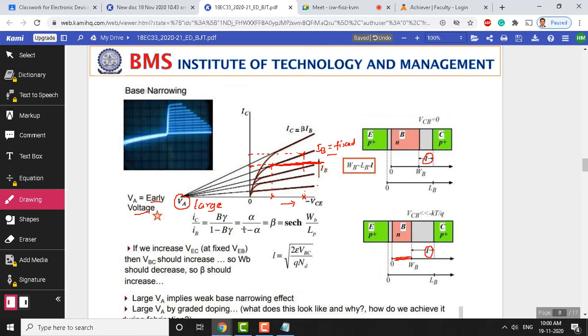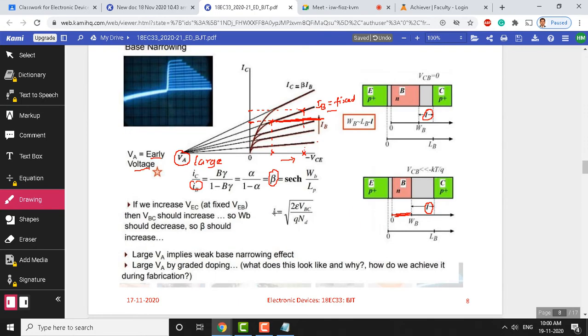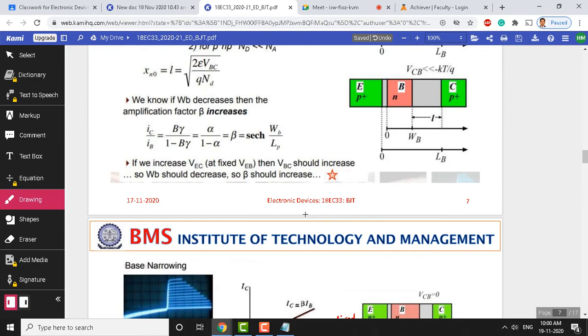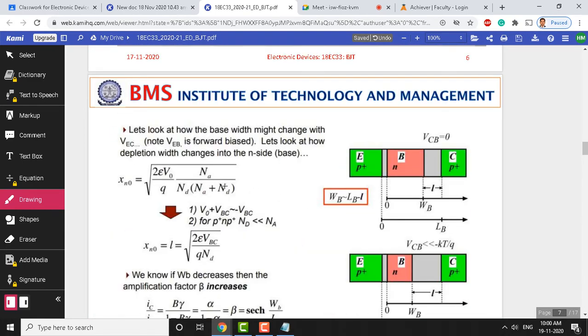Once WB decreases, the amplification factor beta keeps increasing, due to the decrease in the base current. We can approximate the equation for small l by this formula: L is equal to 2 epsilon VBC by Q ND. We explained this last class.